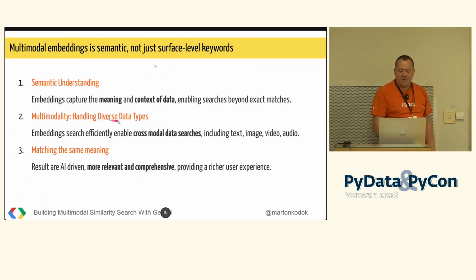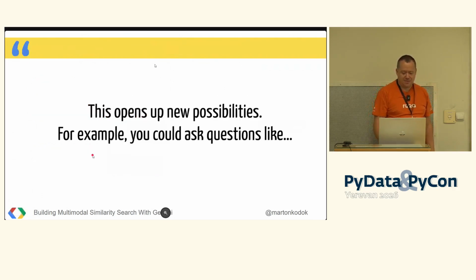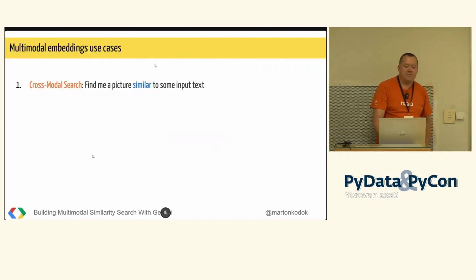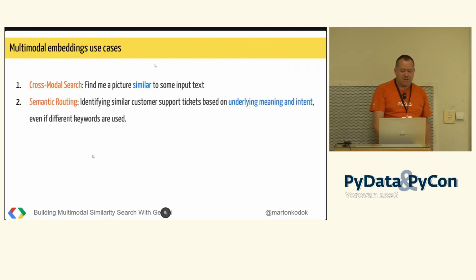Also handling diverse data types, matching the same meaning. It could be find me a picture similar to some input text. It could mean, for example, in customer support tickets, someone is on call or answering tickets, adding inputs, and it's already running a live search.